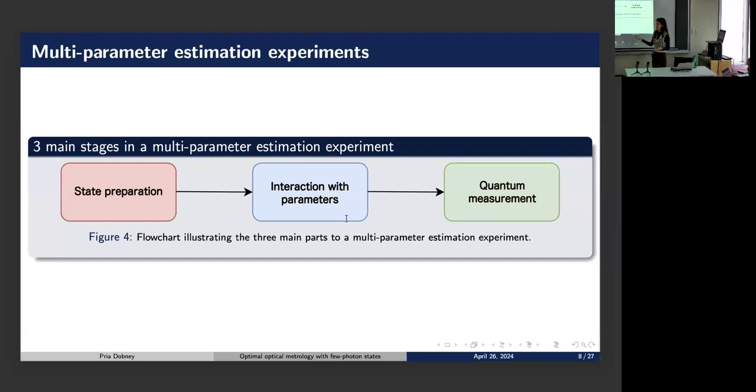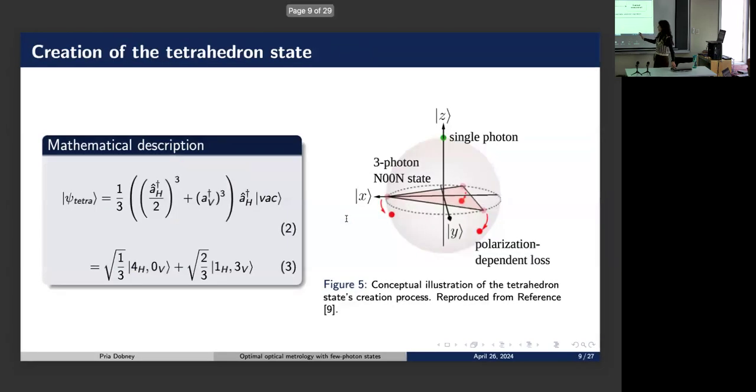So in this case, this would be making it undergo polarization rotation, some change to its polarization that we will then measure. And we'll see how well we are able to estimate the rotation. I'm going to talk to you just about the first of these 3 stages in terms of the tetrahedron state, how we went about preparing that state and characterizing it.